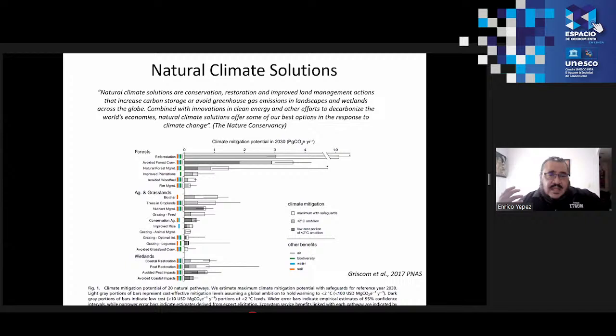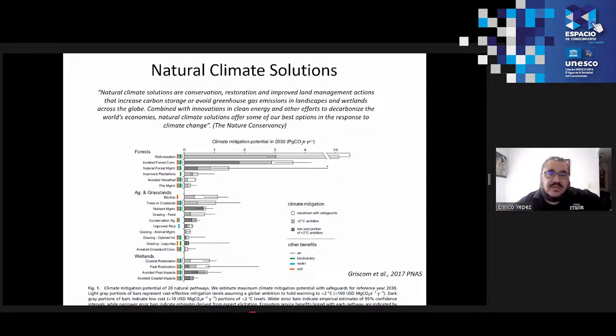So attributing these effects to different ecosystems and how they're managed is important in order to use these ecosystems as solutions to mitigate these climate change issues, in particular emissions.